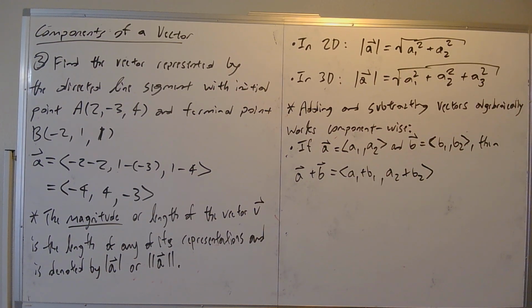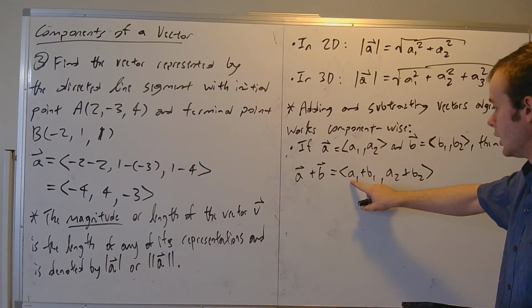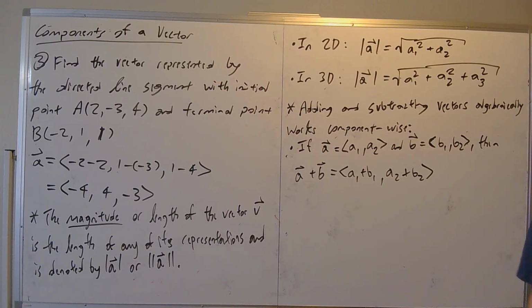Right, that's kind of what you would expect, and the same thing works with subtraction, right? So if we had A minus B, it would be A1 minus B1 and A2 minus B2.